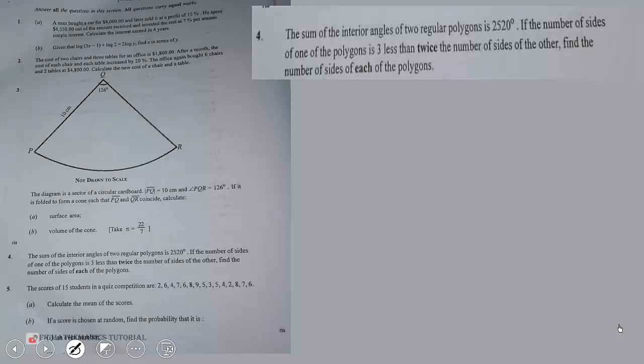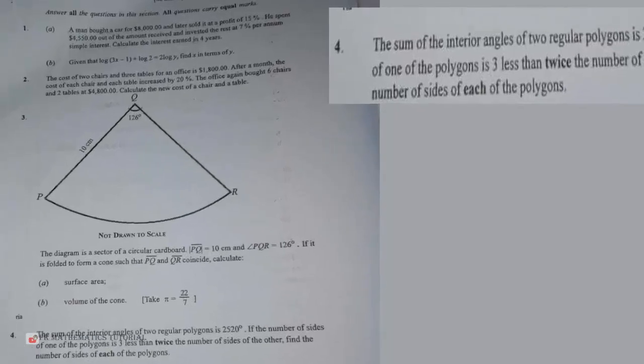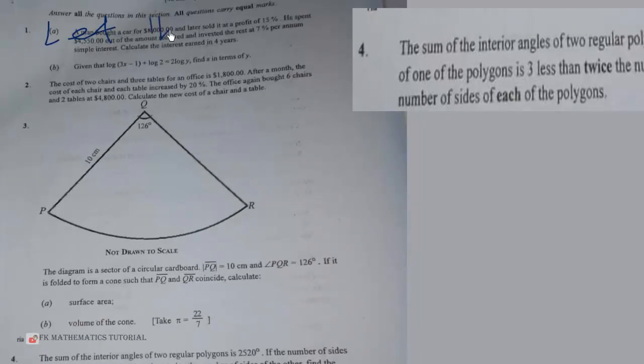Okay, so we are told that the sum of the interior angles of two regular polygons. Let the number of sides of the regular polygons be x and y.